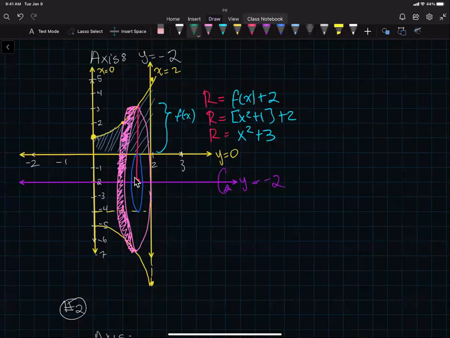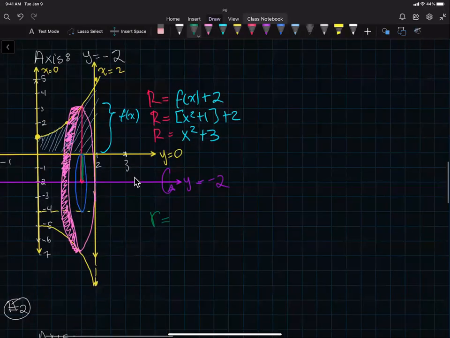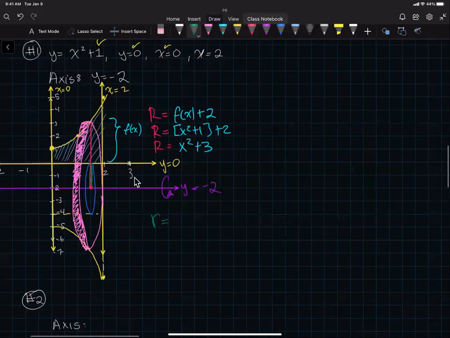So I need to find my lowercase r. So this is going to be my lowercase r. So what is my lowercase r?